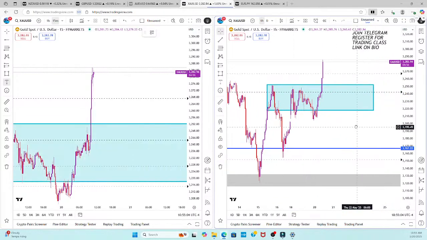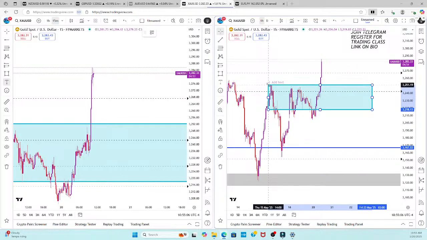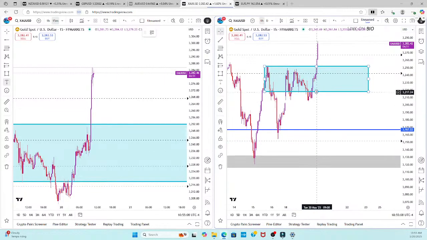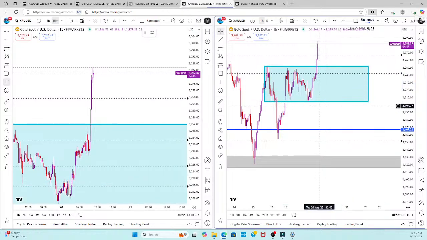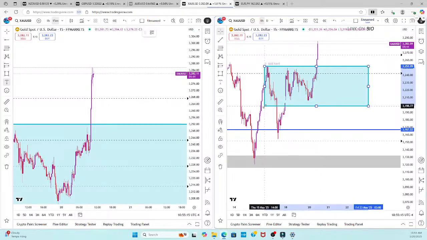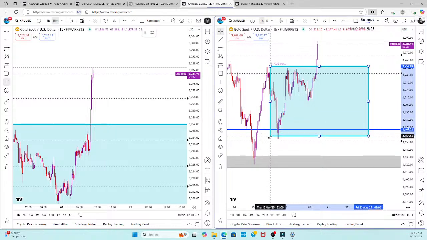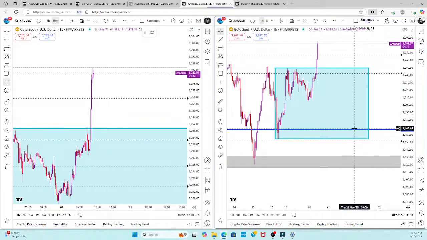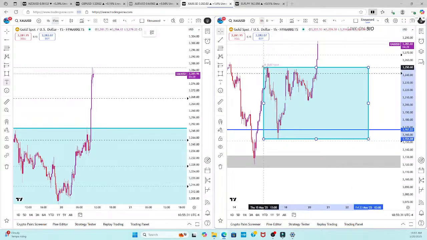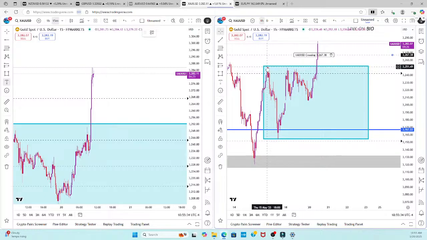Okay, so this is a previous high, and then here is our previous high for this uptrend. This is our previous high over here, which the market is just breaking.